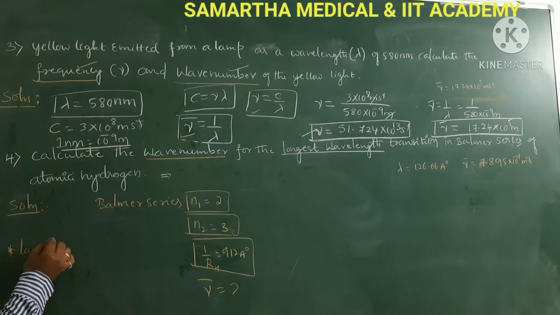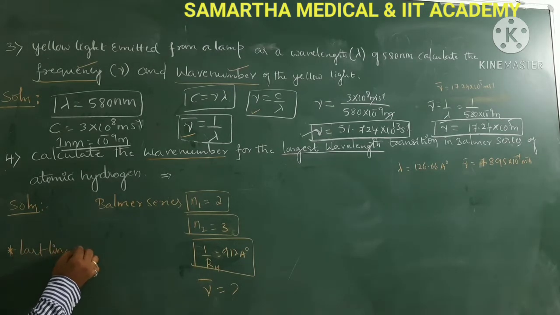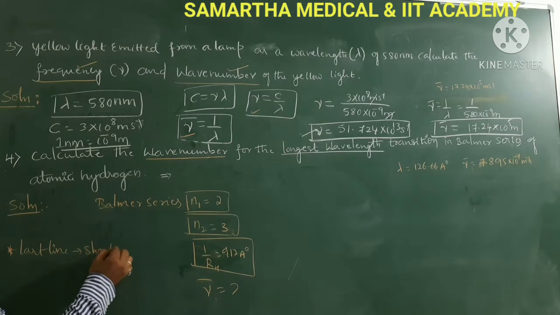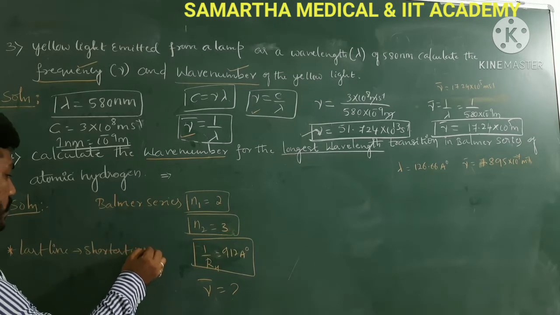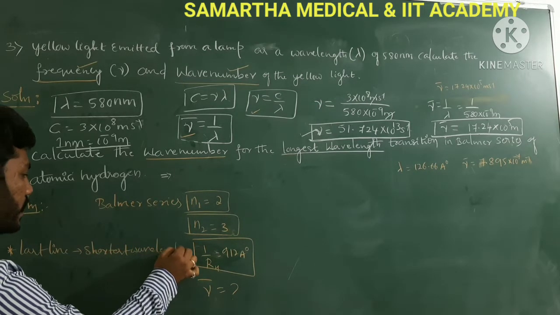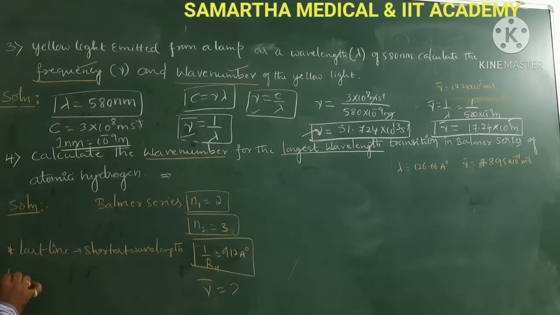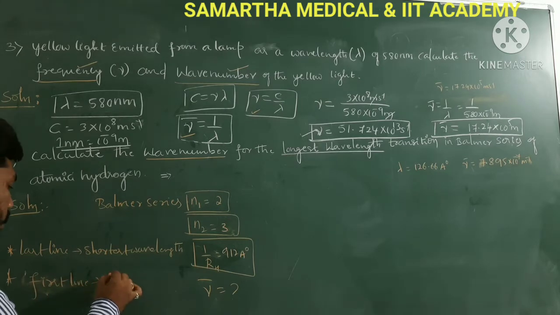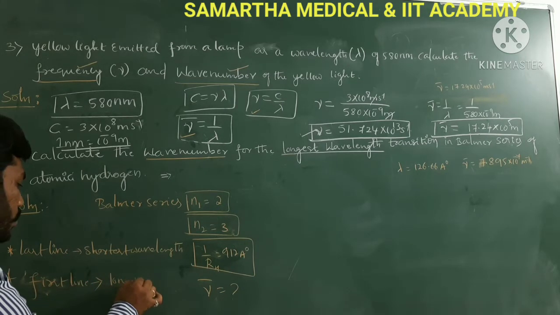So we should know this: the last line is the shortest wavelength, and in any series, the first line will have the longest wavelength.